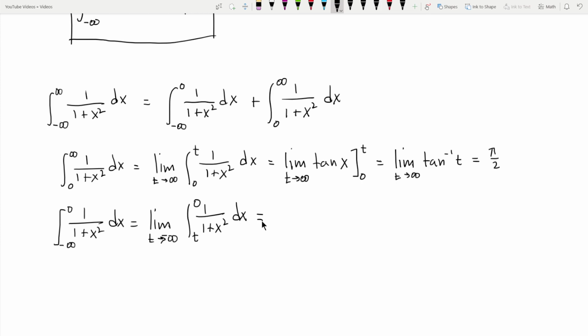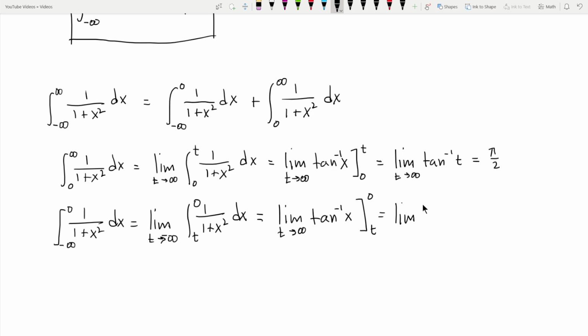Same fundamental antiderivative. So this is going to be the limit of tan inverse, I just realized I wrote tangent, of tan inverse of x evaluated from t to 0.